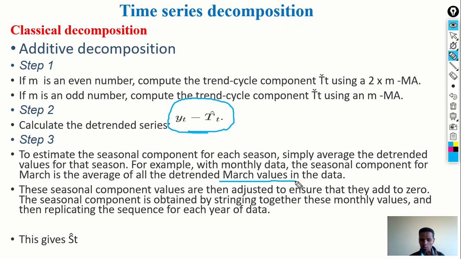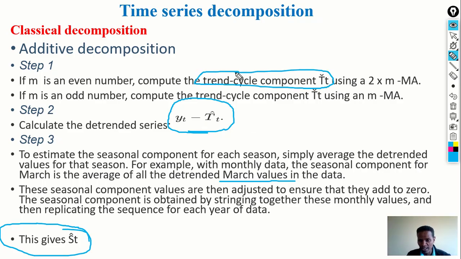So the seasonal component is obtained by stringing together these monthly values and then replicating the sequence for each year of the data. That will give the seasonal component S hat T. Now, in the first step, we calculated the trend cycle component, and then in the second step, the detrended series was calculated.